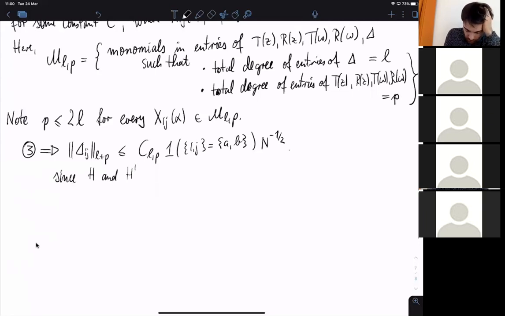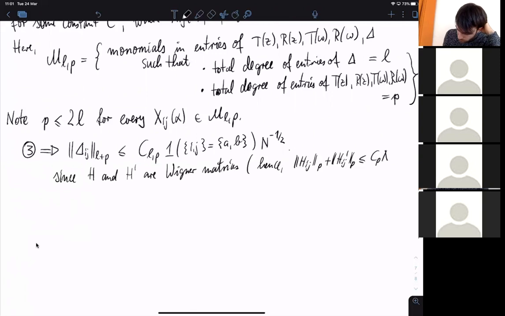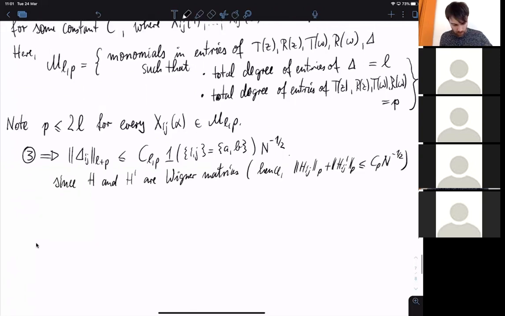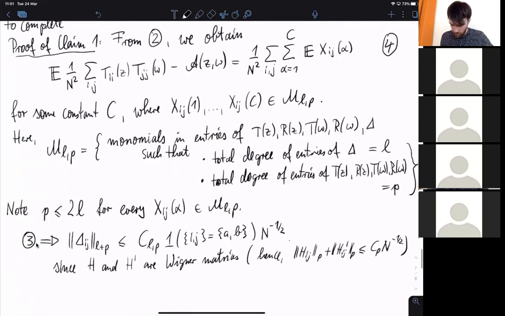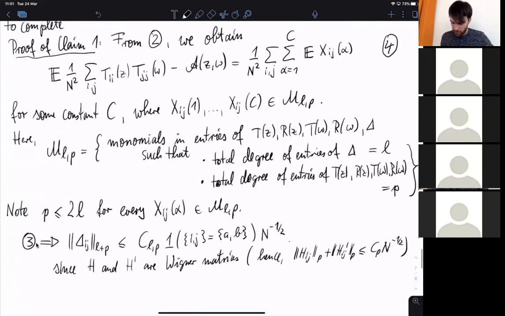So then we had these conditions on the moments, so that Hij, prime or not, if I take a p norm of them, then this is smaller than Cp n to the minus 1/2. Okay, maybe now you can take another picture.